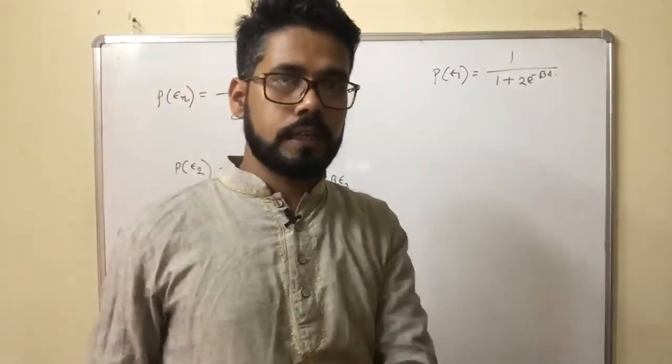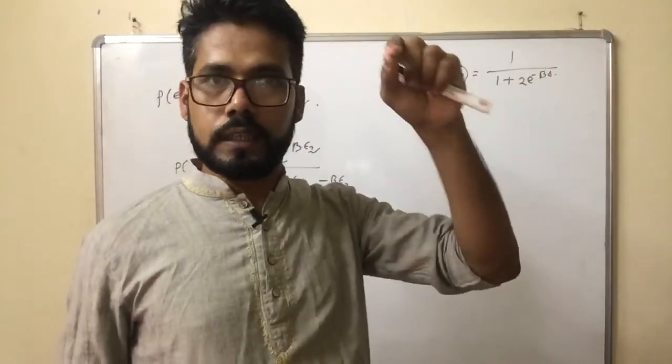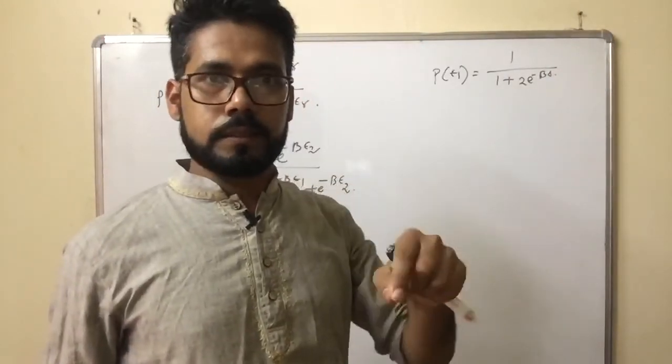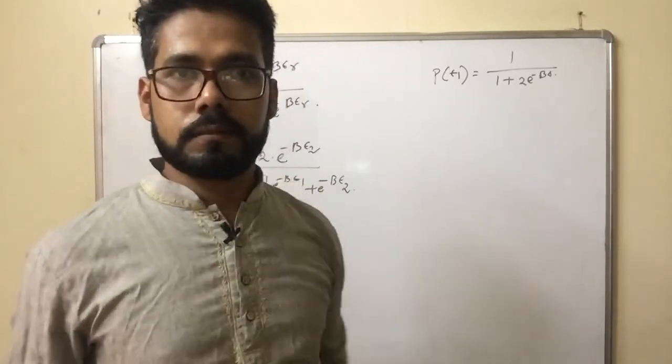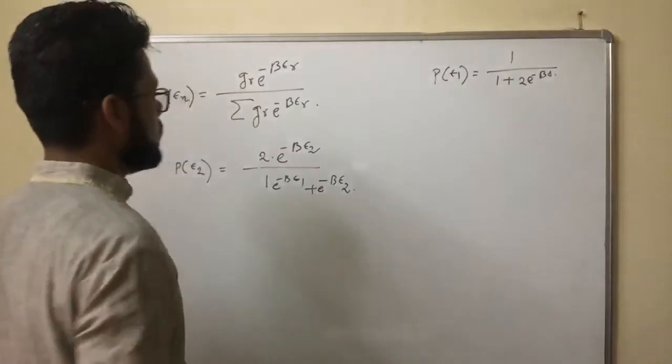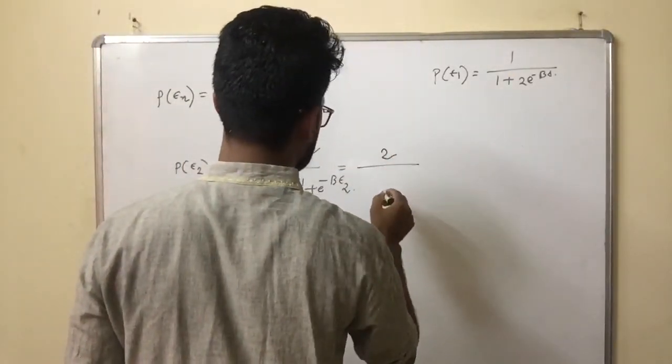If the option is not the exact answer, then you have to think about modifying the expression so that you can match your answer with the answer given in the question paper. So you will write the probability.